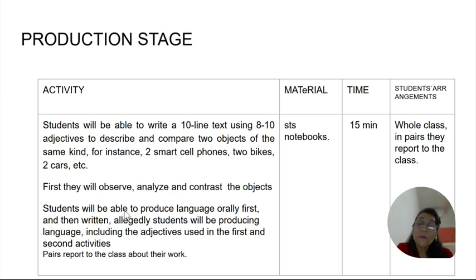So they will produce language orally first, and say, well, this laptop is more modern, for example. And then written, students will be producing language including the adjectives used in the first and second activities. And then pairs report to the class about their work.